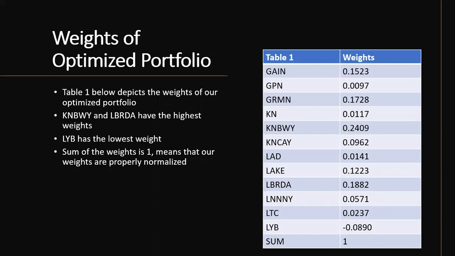The higher the weight, the higher the amount the ticker has in the distribution. On the other hand, the lower the weight, the lower the amount has in the distribution. This suggests that KNBWY and LBRDA have large distributions, whereas LYB has a small negative distribution. The sum of the weights, which is 1, tells us that our weights are properly normalized.